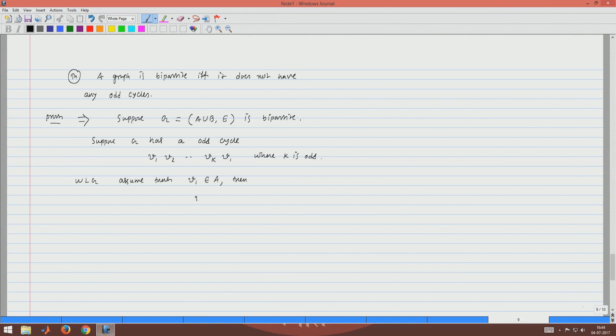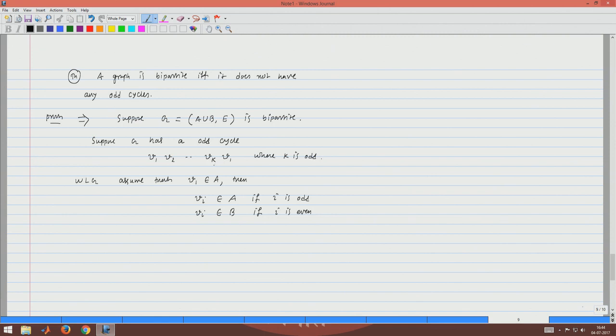So, then vi is in part A if i is odd and vi will be in part B if i is even. So, you have observed in my previous example that I am putting all the odd vertices, I mean odd index, into one part and even index in another part.